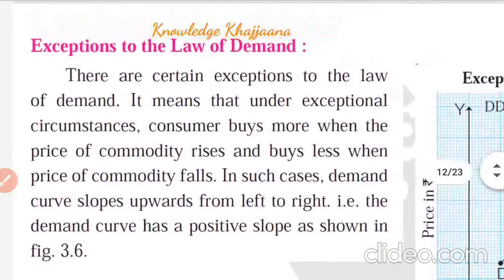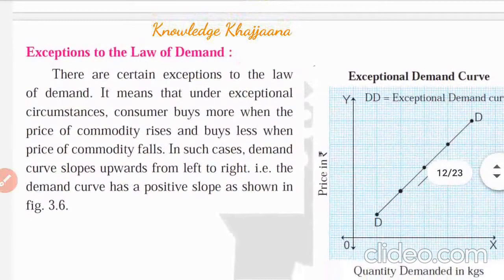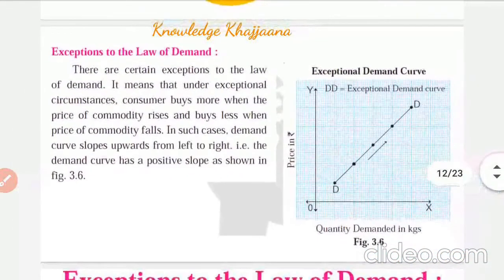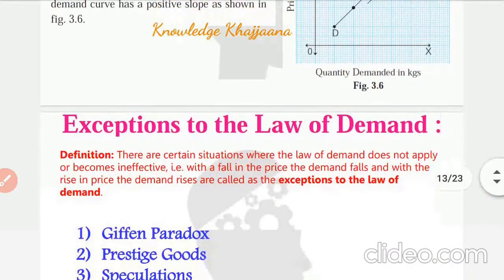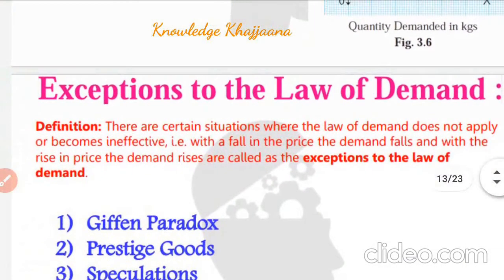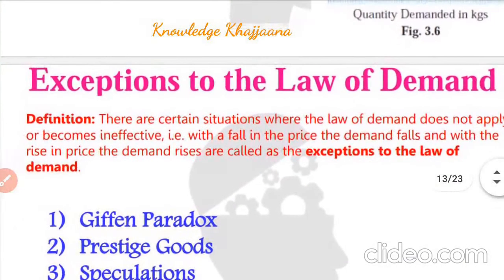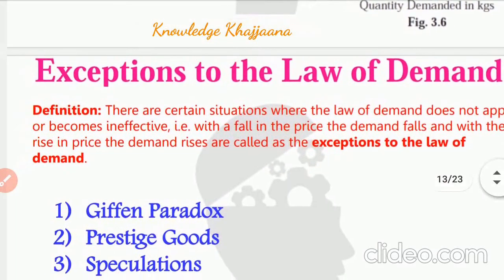If some factors or variables don't fall under the category of the law of demand, then we can say these are the exceptions to the law of demand. And which are those factors which don't contribute to the law of demand? There are certain situations where the law of demand does not apply or becomes ineffective, inapplicable.